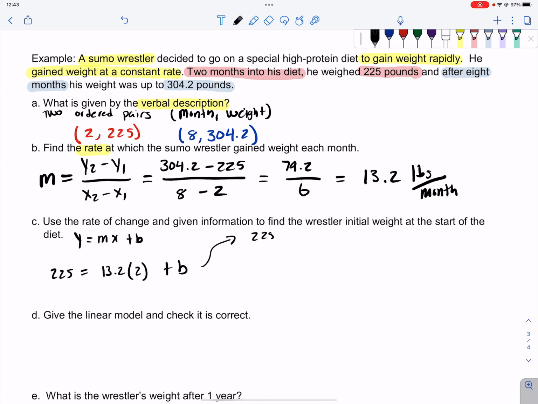So we have 225 equal to 26.4 plus b, and then we can subtract 26.4 from both sides. This gives us that 198.6 is equal to b.